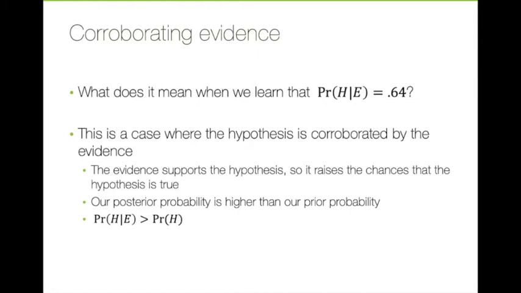So this case where we're looking at equine behavior is one where the hypothesis is corroborated by the evidence. The evidence supports the hypothesis, so it raises the chance that the hypothesis is true. The way that we read this off of the formula is that the posterior probability, the value that we calculated, is higher than our prior probability.